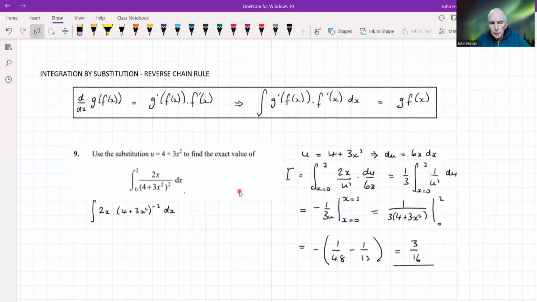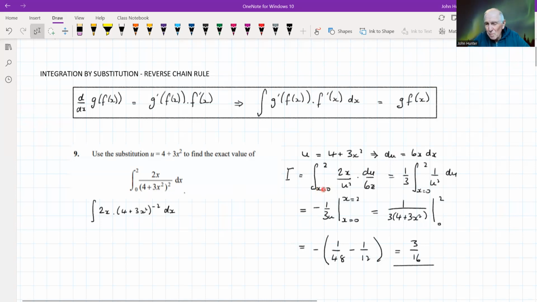So let's do this substitution as they say, and that's going to give us du equals 6x dx. That's just differentiating that, and therefore the integral becomes the integral now, with x equals 0 here.